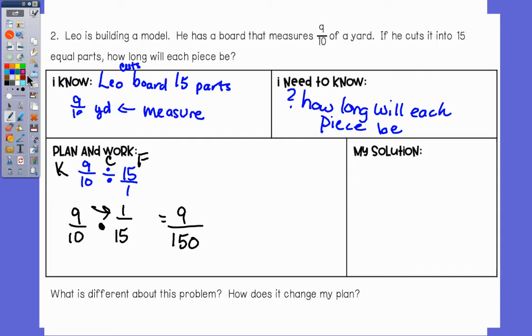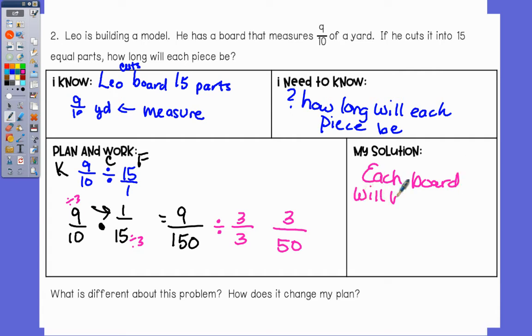I missed something that I should have caught, but I didn't. I realized afterwards that both of these can be divided by 3, so I know this is not fully simplified. So I need to finish that and go to 3/50. So each piece, each board, will be 3/50 of a yard.